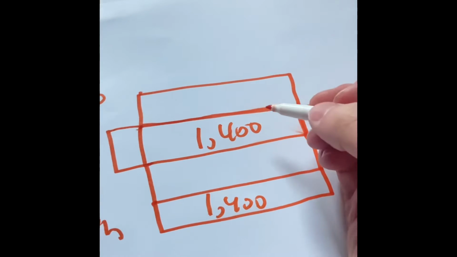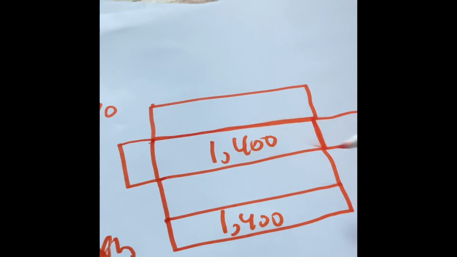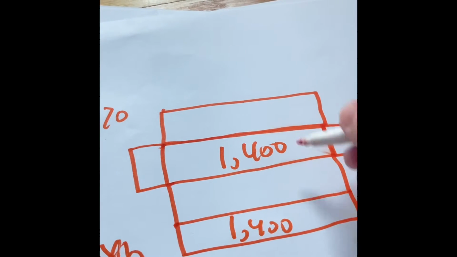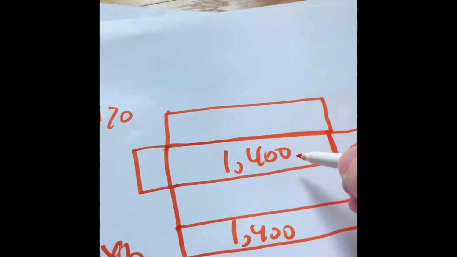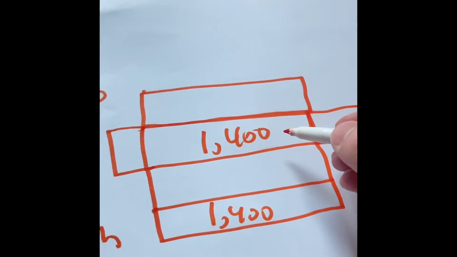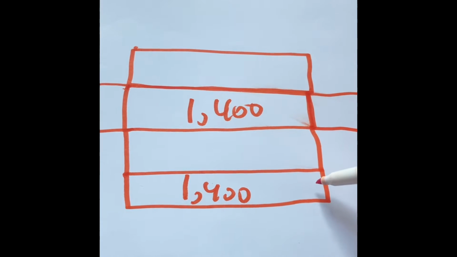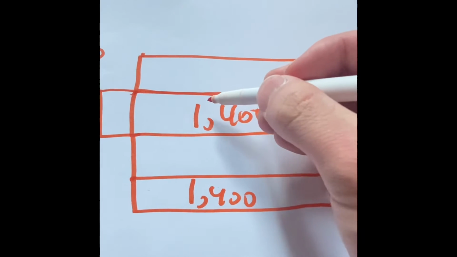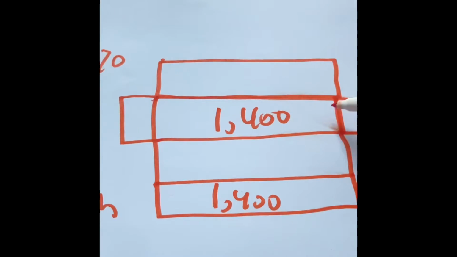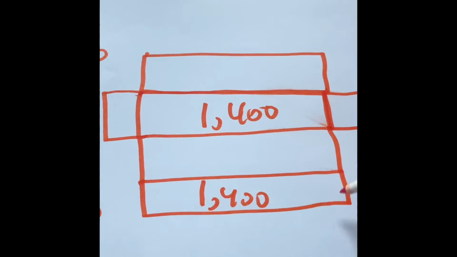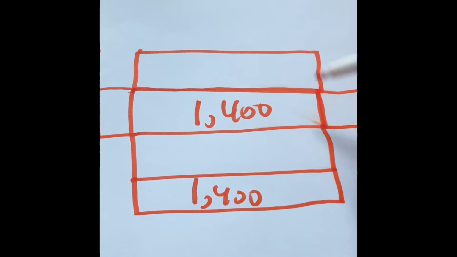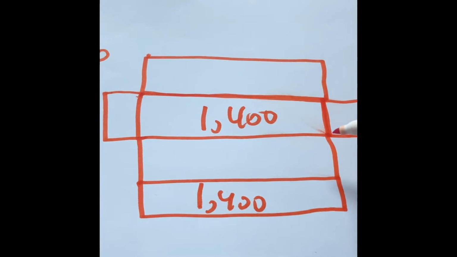The bottom is also 1,400, because for it to be a rectangular prism, the top and the bottom must be the same area. But if the top and the bottom have the same amount of area, does it also mean that the side views are also going to be 1,400?